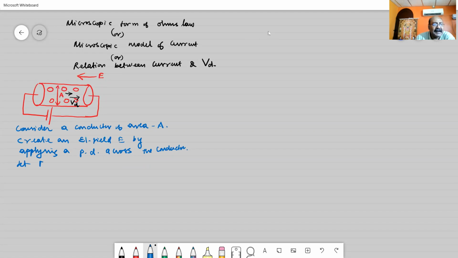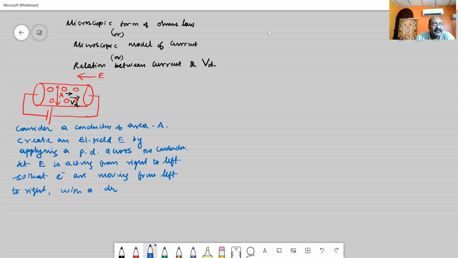Let the electric field E be acting from right to left, so that electrons are moving from left to right with a drift velocity V suffix D.